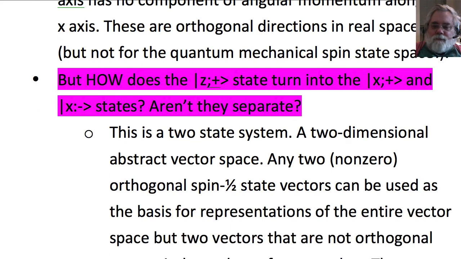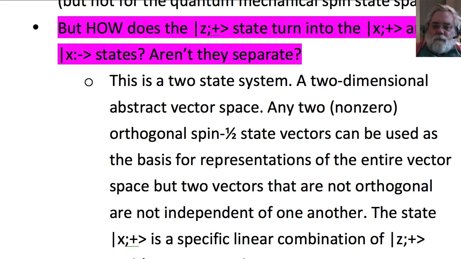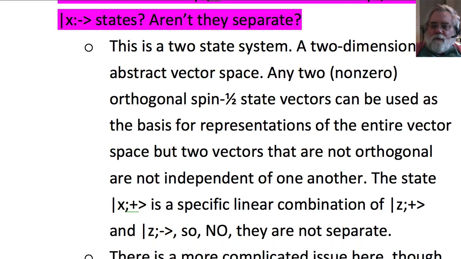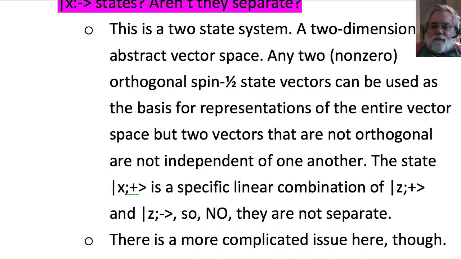We can characterize it by any two non-zero orthogonal spin 1/2 state vectors as basis vectors for the representation of the entire vector space, but two vectors that are not orthogonal are not independent of one another. So you can express them in terms of the basis vectors. The state X plus is a specific linear combination of Z plus and Z minus. So no, they're not separate.